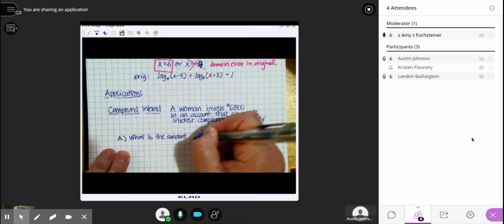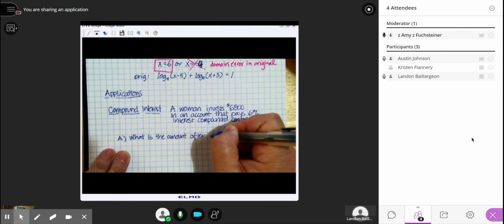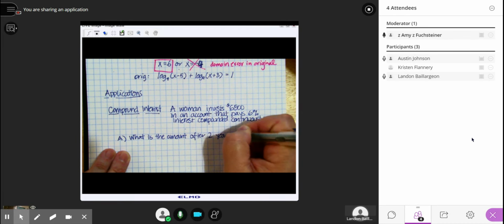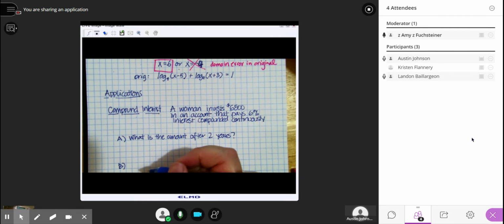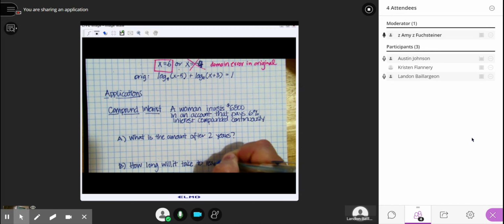What is the amount after 2 years? And part B says how long will it take to reach $9,000?